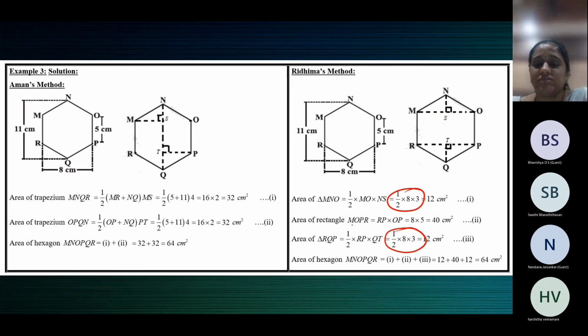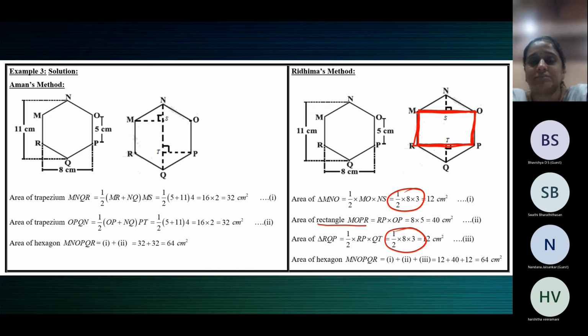And what about this, Bhavishya, rectangle MOQR? Sorry, not QR, MOPR. This one is a rectangle. How do you find the area of the rectangle? Yes, ma'am. What's the formula to find the area of a rectangle? Ma'am, L into B. Length into breadth. So length is RP. Breadth is PO.